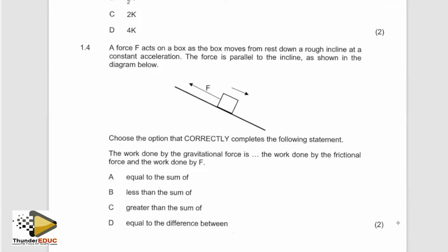Then 1.4. A force F is acting on a box. It moves from rest down a rough incline at a constant acceleration. The force is parallel to the incline as shown in the diagram below.